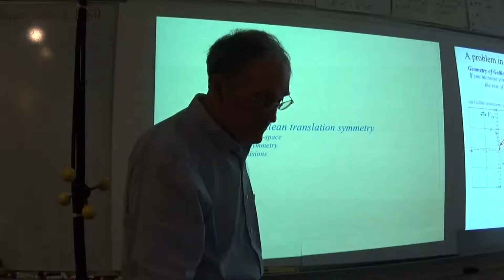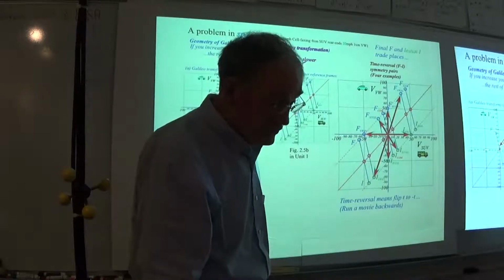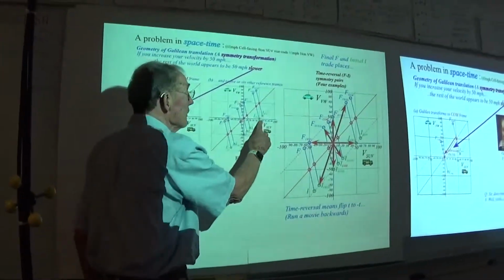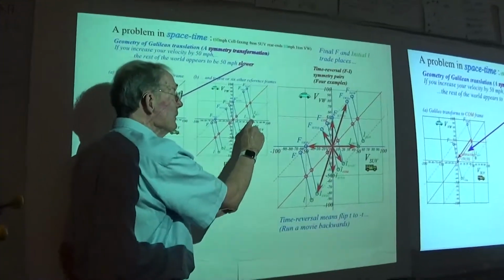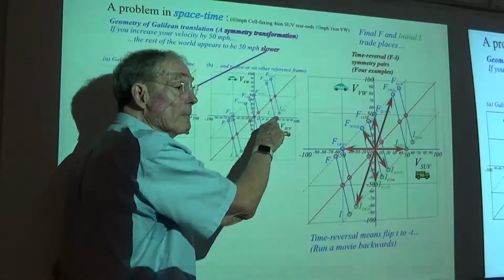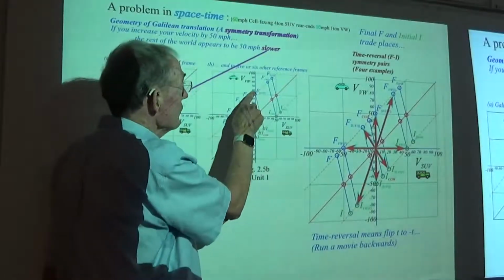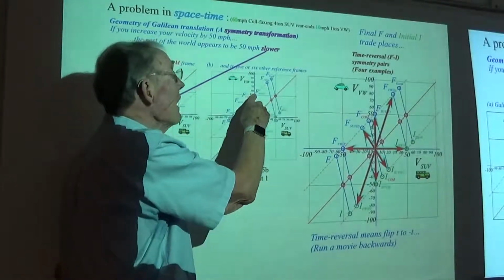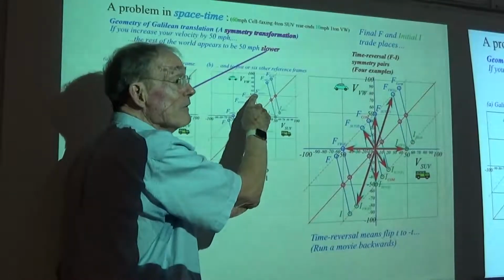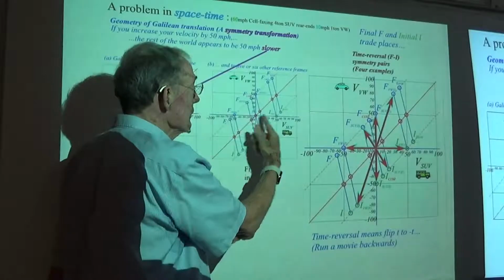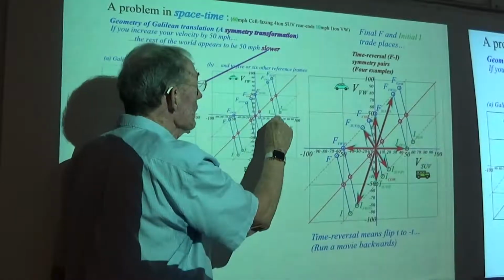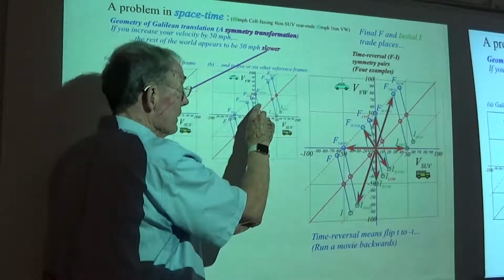Okay? Now, what's interesting about this is that there are some special frames here. For the VW, this is where the VW is viewing its frame, and of course it's not moving in its frame. And then there's this one right here where the SUV says, that's my frame, initially anyway, and I'm not moving in my frame. So that was the case where the VW's velocity is 0. This is the case right here where the SUV's velocity is 0.